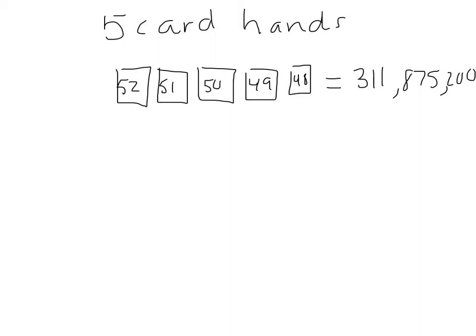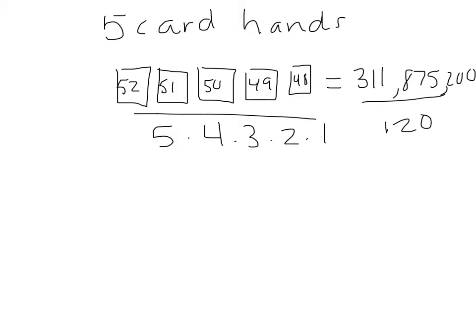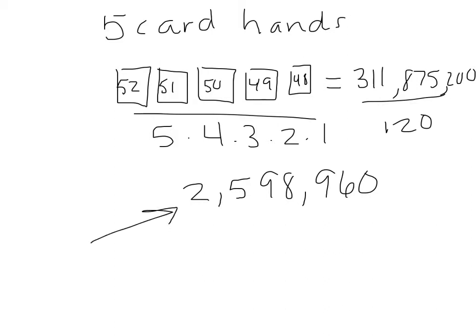We divide by 5 times 4 times 3 times 2 times 1, or simply divide by 120. So the total number of five-card hands turns out to be 2,598,960. That is always our denominator in probability, because that's the total number of five-card hands we can come up with.